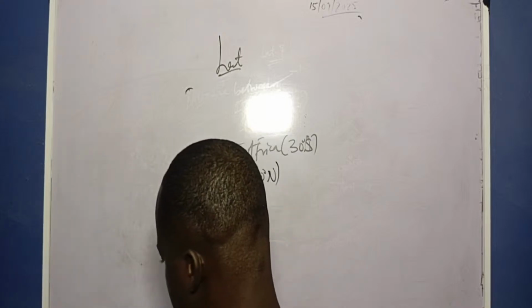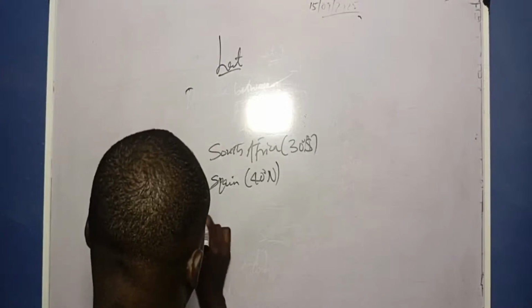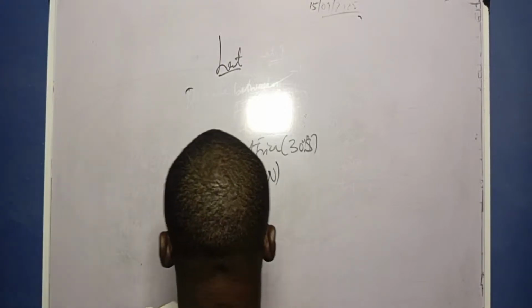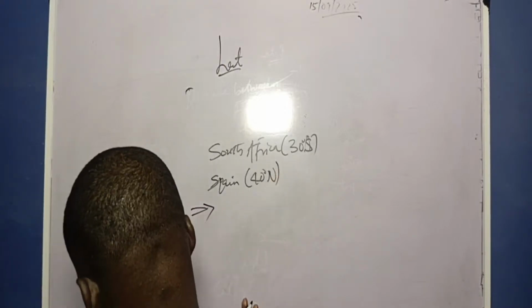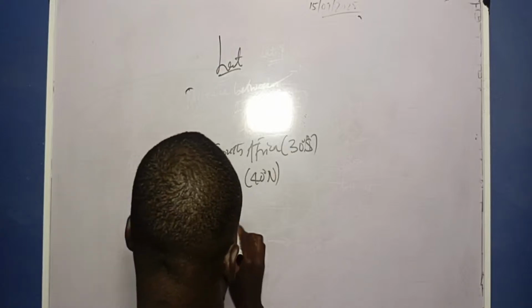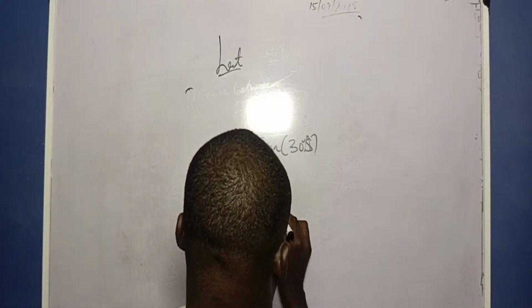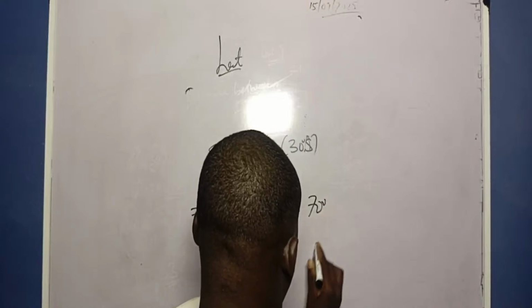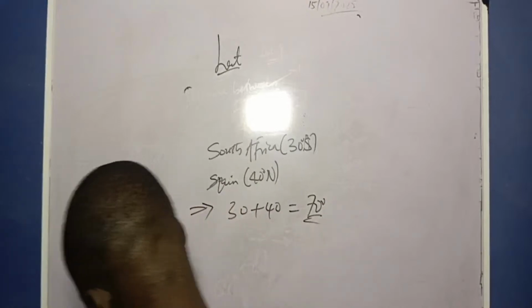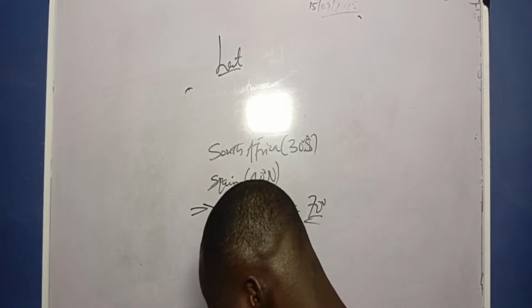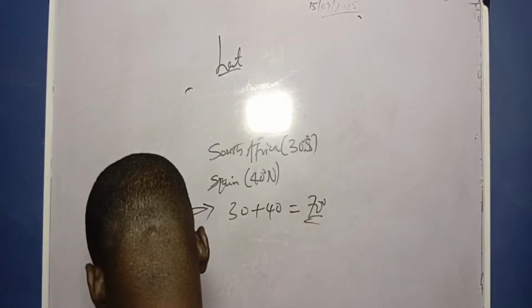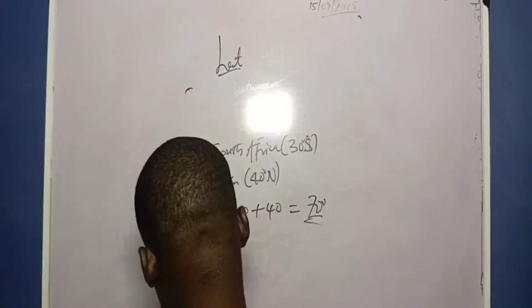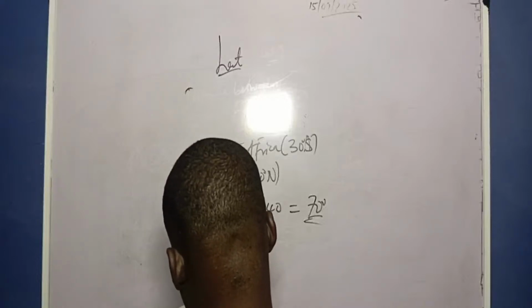How are you able to get the distance? Simply put, the two places involved are 30 and 40. So we have 70 degrees because they are north and south. So 30 degrees plus 40 degrees is 70 degrees.